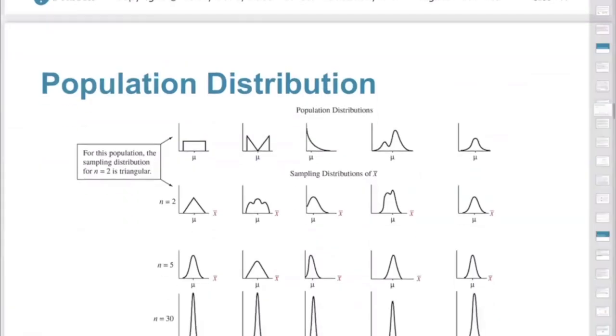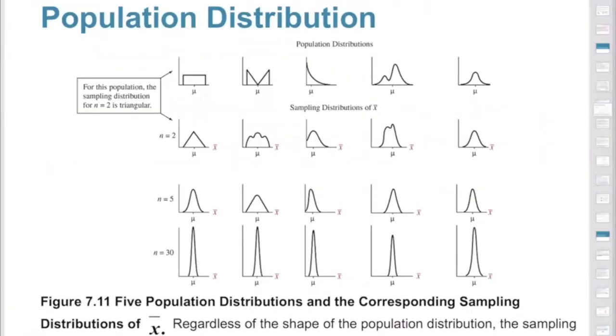Look at this shape. In this graph, you have population distributions. As you can see, the first one, we call it uniform distribution or rectangle distribution. Another distribution, of course all these are populations. Here you have two rectangle distributions with two peaks.